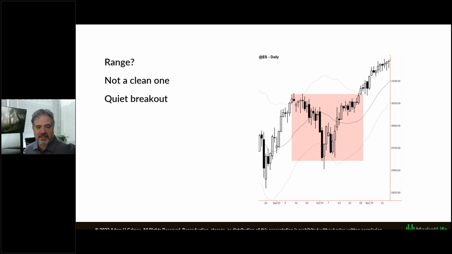Look at this. Is this a range? Not really a clean one. I think if anything, what's really going on here is a pullback and then downside failure. You might have looked for it to establish a range, but this is a good example of at some point this volatility exhausts itself, and then you just start to have this kind of grinding climb higher.